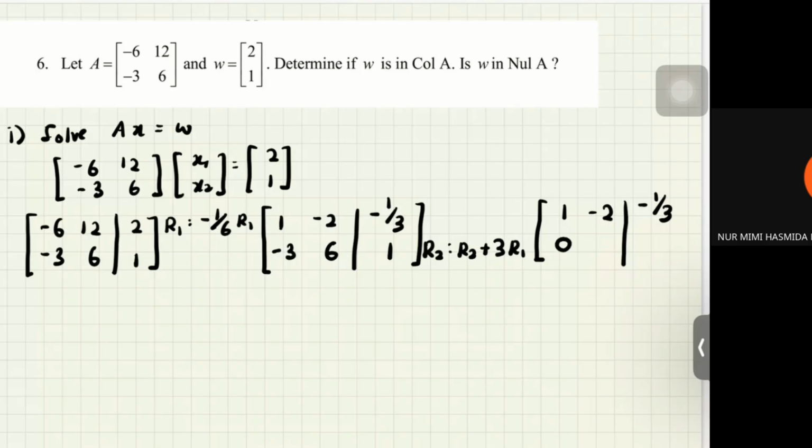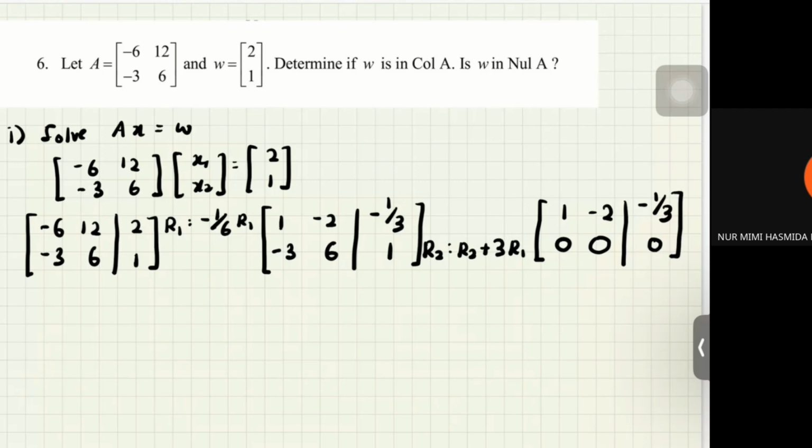And then for this 6 plus -6, you will get 0. And 1 plus -1, you will get 0.